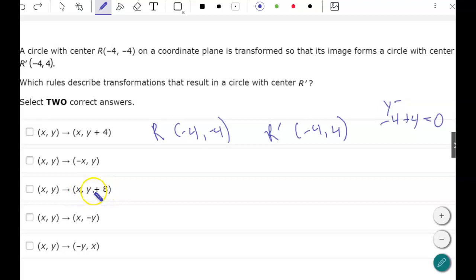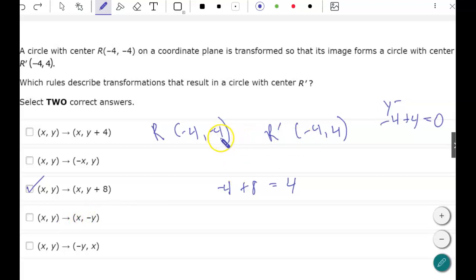Does this rule work? You have your original -4 for your y value, if you add 8, does that give you the 4? Yes, it does. So this one does work. So the next one, x is the same, yes. Y is the opposite.